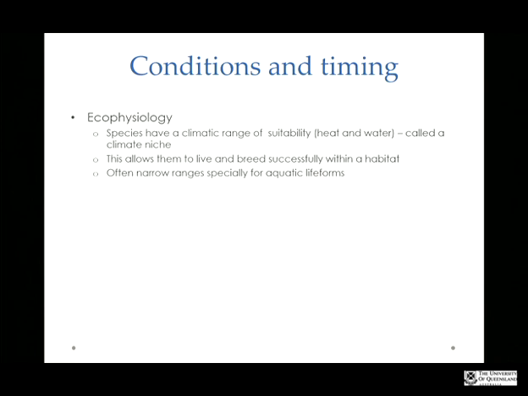But that allows them to live and breed and have their habitat within an area. But it's often quite narrow, and particularly for fish, they actually have a very narrow thermal range. And so, whereas they can swim to a new part of the ocean, and we'll see evidence of that in a minute, if they're in a river they can't necessarily move out of that river, so they might be stuck there.